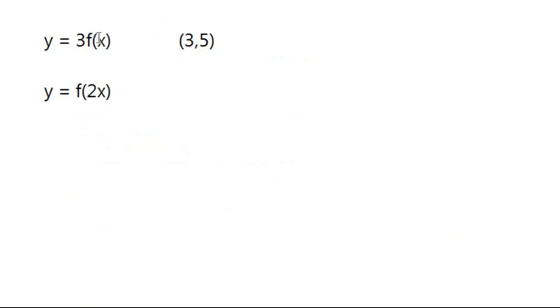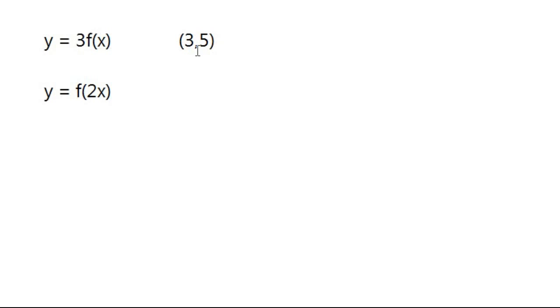Okay, so in this question we are concerned about this particular point. When you do a multiply by 3 calculation on a function, every single point has its y value multiplied by the factor.